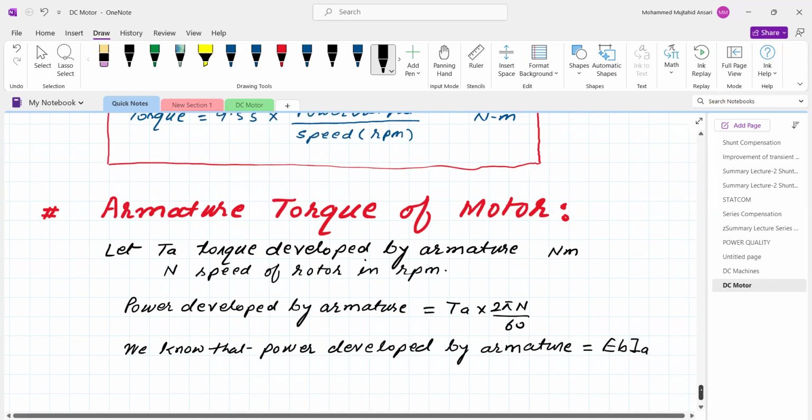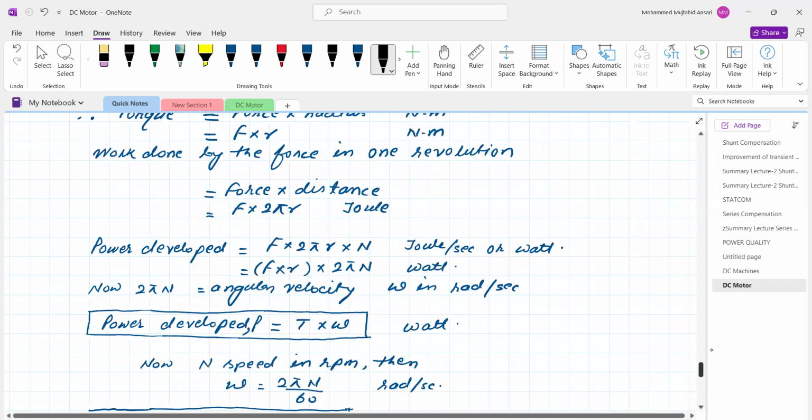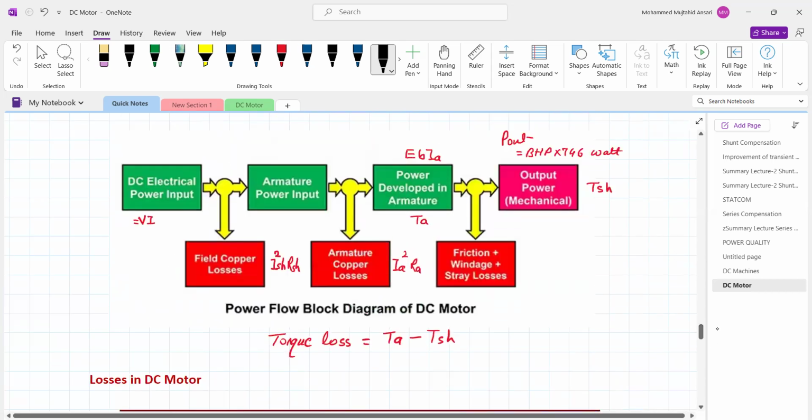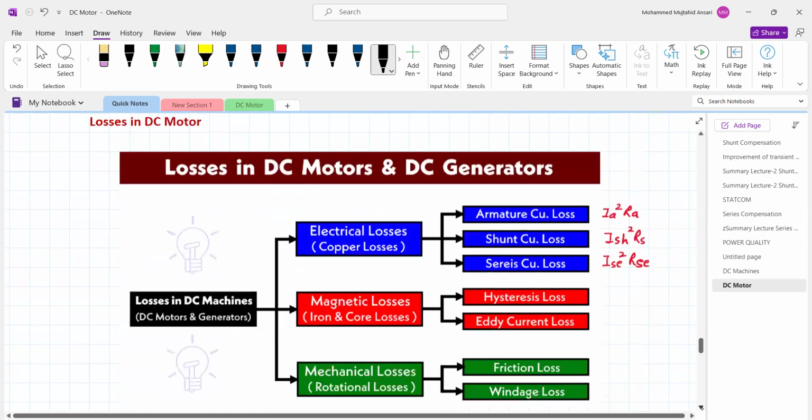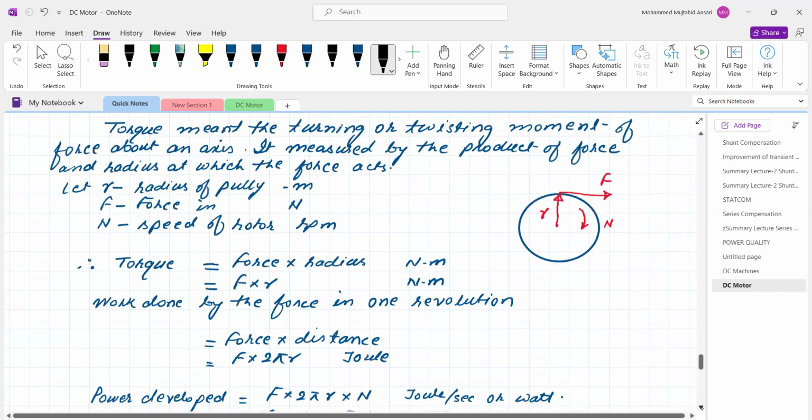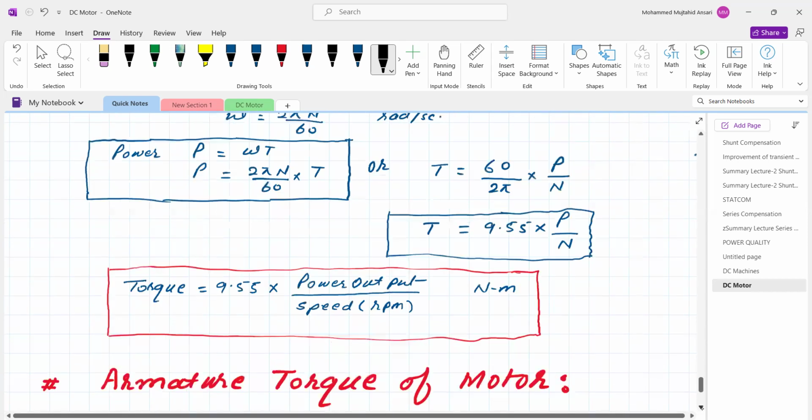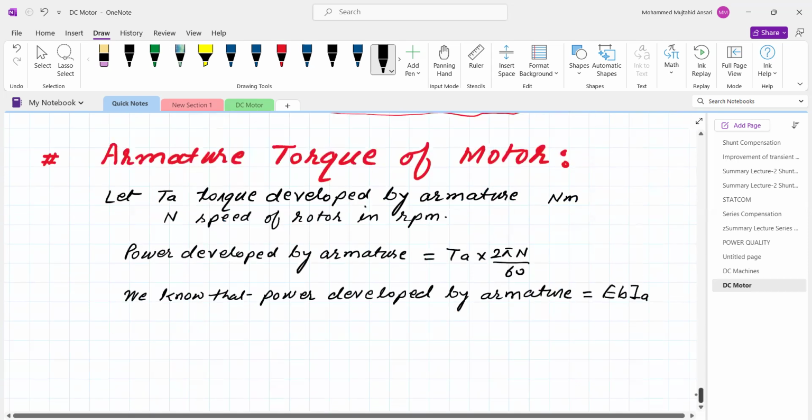See, in this block diagram, what is the power developed by armature? Power developed by armature is nothing but the back EMF into the armature current. After subtracting the friction, field copper loss and armature copper losses, iron losses, we can say that the gross mechanical power developed or the total power developed by the armature is back EMF into armature current. This is in watt.